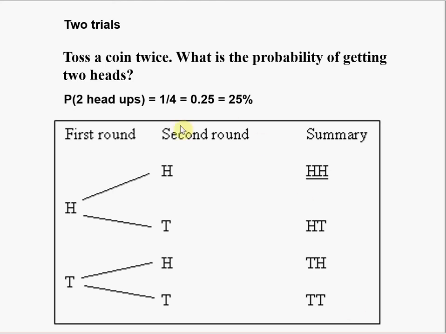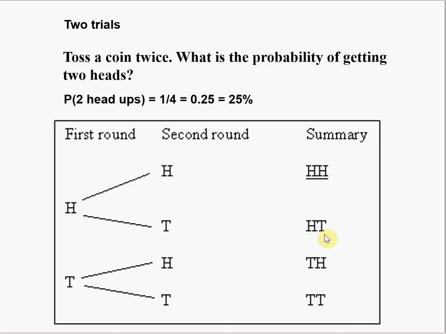If you get a head the first time and a head the second time, you have head and head. If the first time you get a head and the second time a tail, you get head and tail.